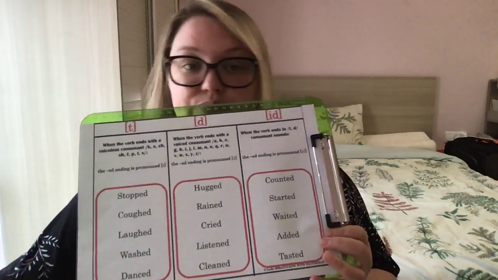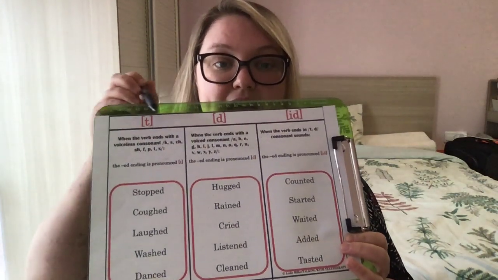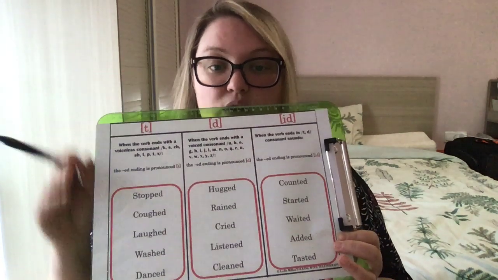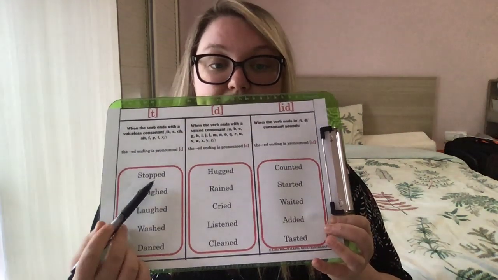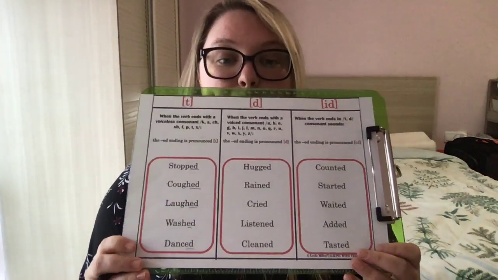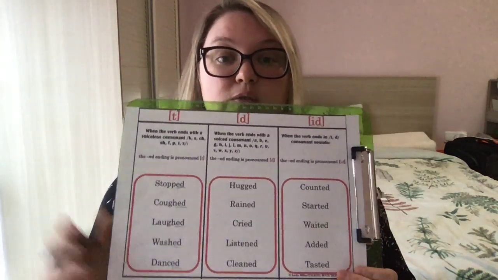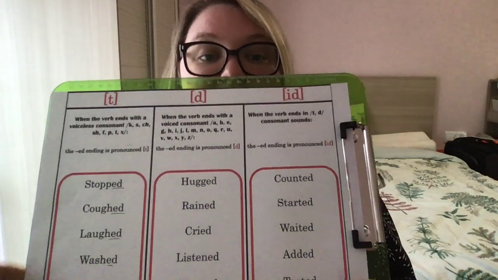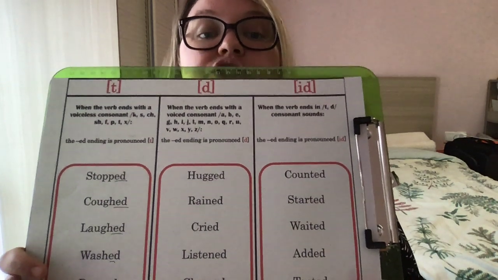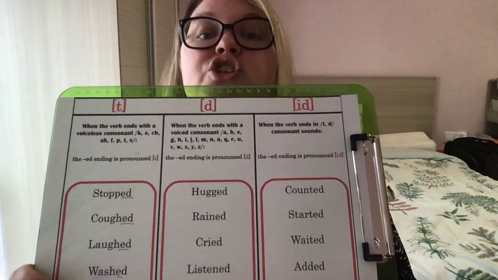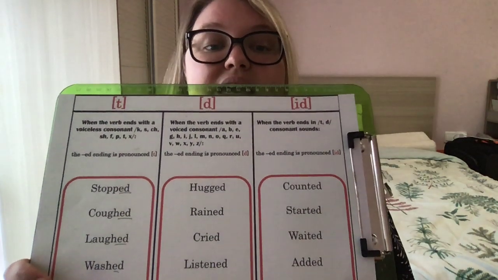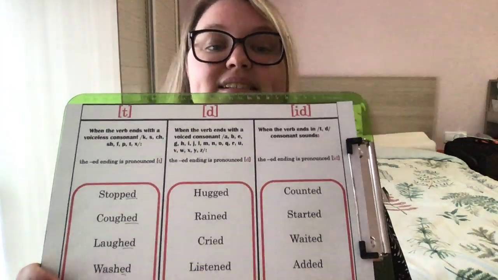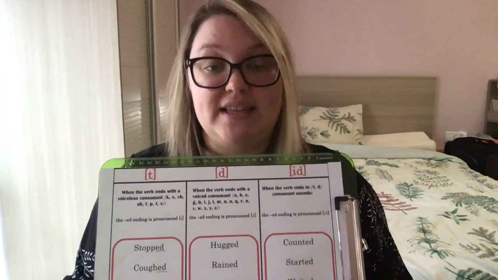So, let's start at the T sound. Now, all verbs that end in ed make different sounds. Verbs that end with K, S, CH, SH, F, P, T, or X sounds are voiceless.